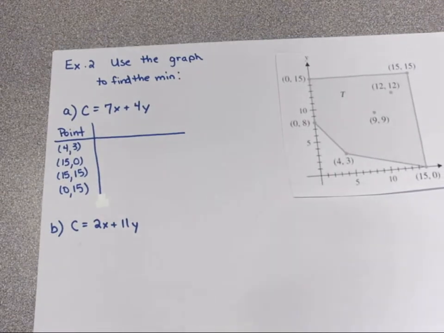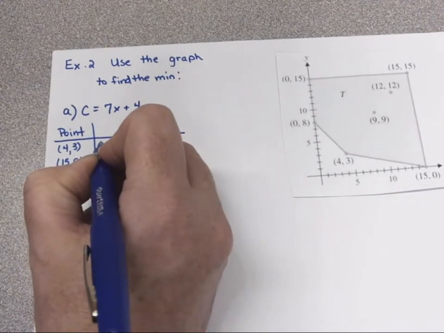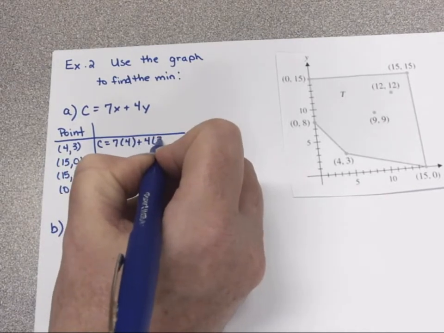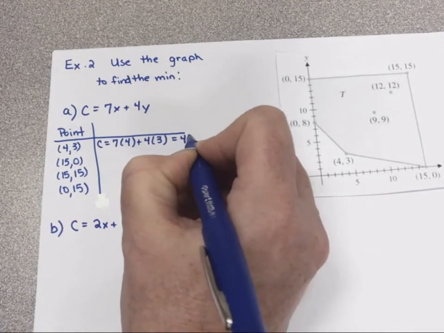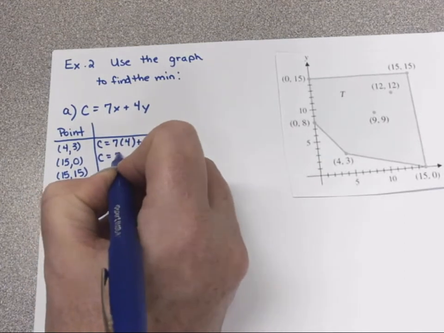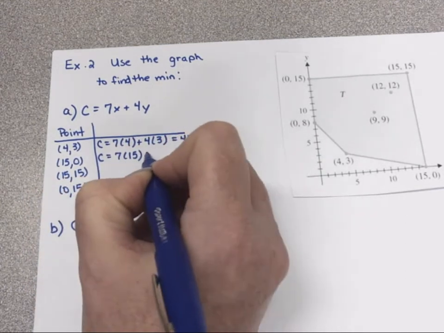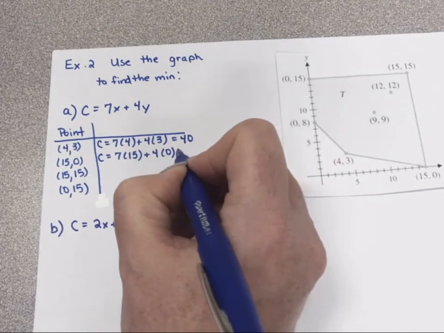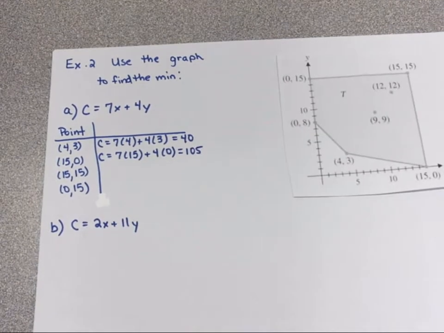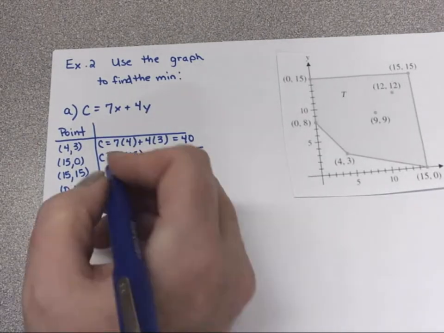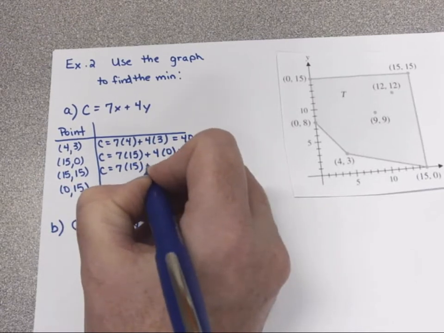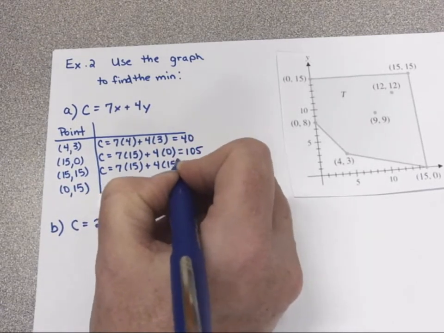So let's plug it in, but this time we're not looking for the highest one. We're looking for what? The lowest. So 7 times 4 plus 4 times 3, that's going to be 28 plus 12, or 40. This one, it's going to be 7 times 15 plus 4 times 0, which is 105. 15 and 15 would be 7 times 15 plus 4 times 15.